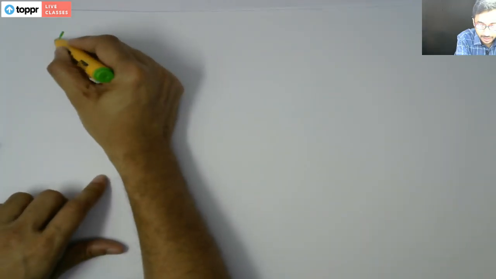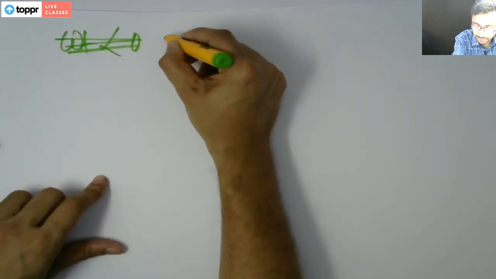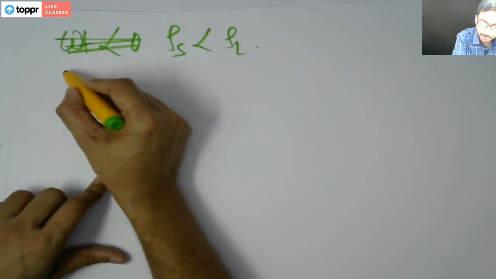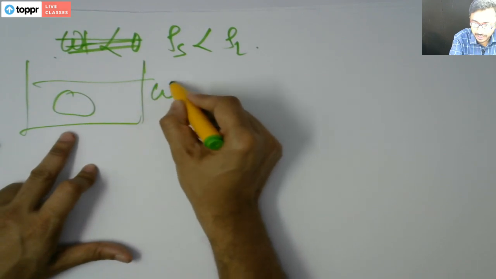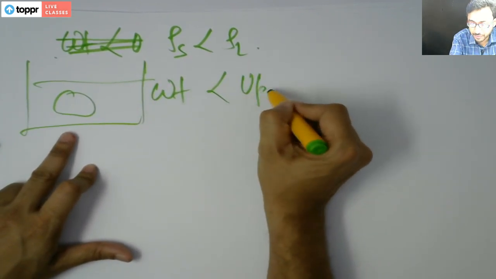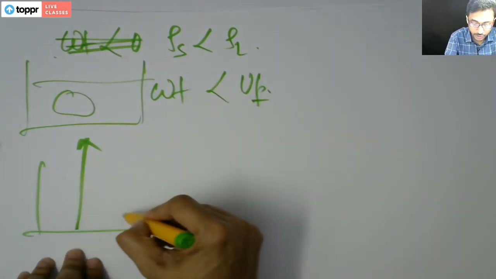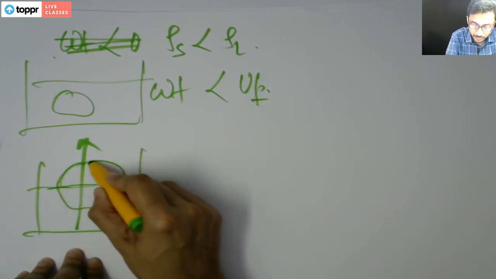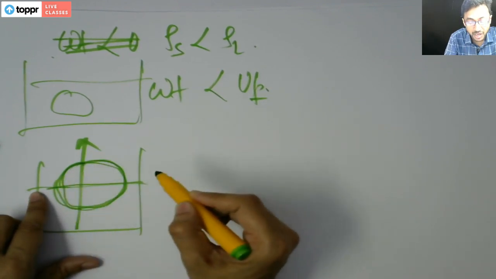And now what will happen if rho S is less than rho L? If it is submerged, the weight will be less than the upthrust, so the body will come up, and finally the upthrust will be balanced when the body is partially immersed.